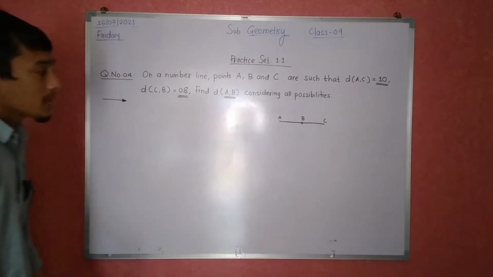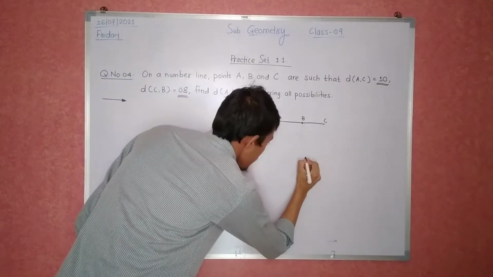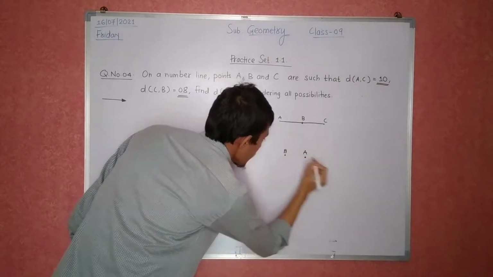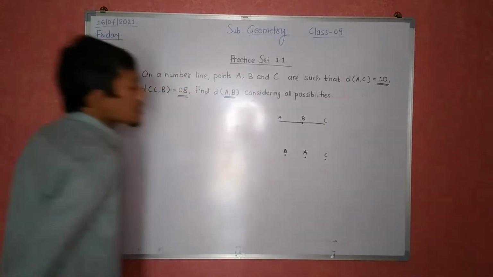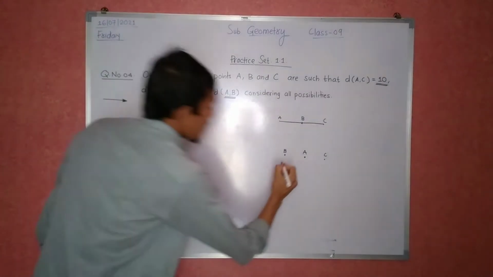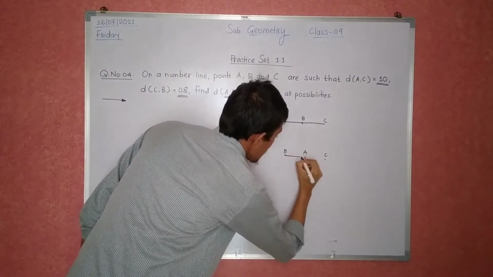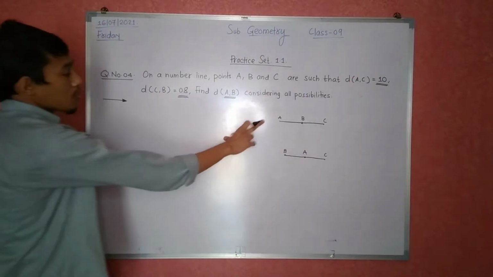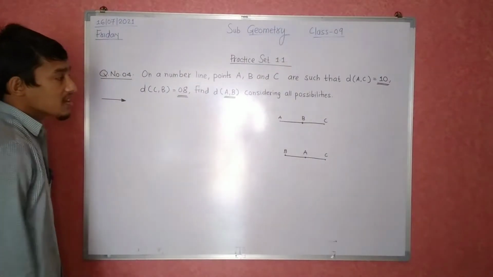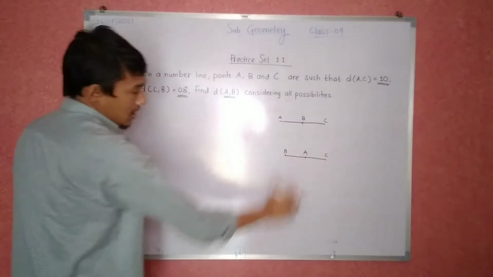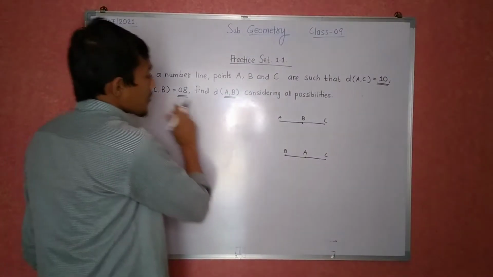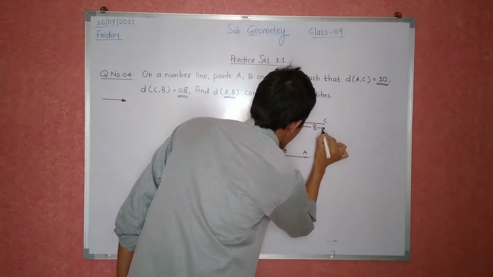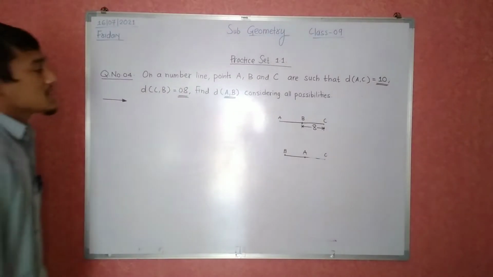Okay, and the second possibility is that point A must be between the point B and C. दूसरी पॉसिबिलिटी क्या है कि जो पॉइंट A है वो पॉइंट B और C के बीच में होगा. Okay, so by considering these two possibilities, we have to find the distance between point A and point B. So suppose CB हमें दिया हुआ है 8, okay, और AC दिया हुआ है हमें 10.